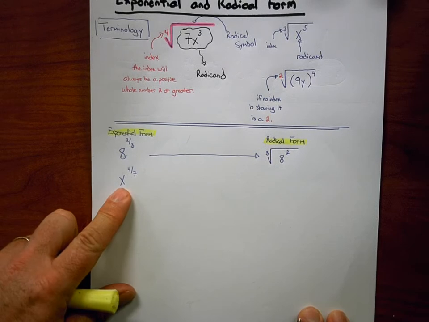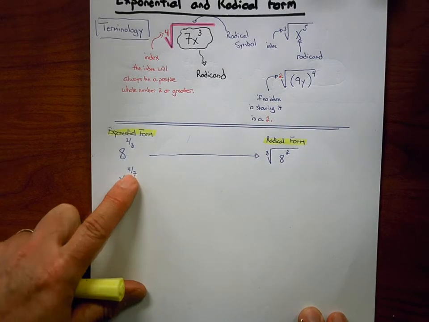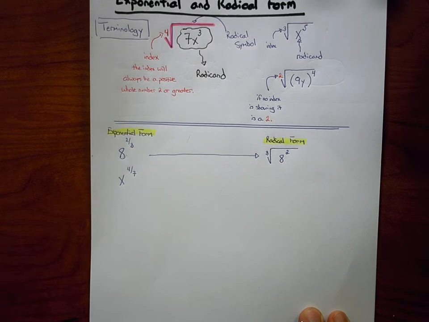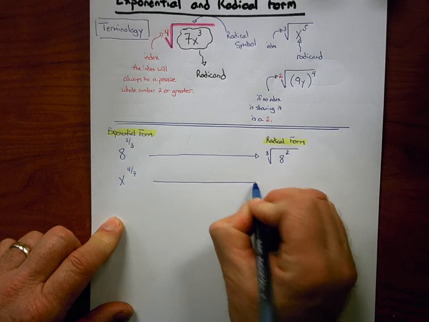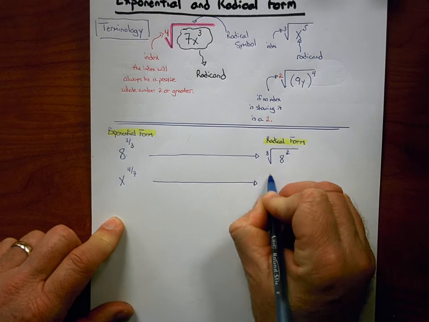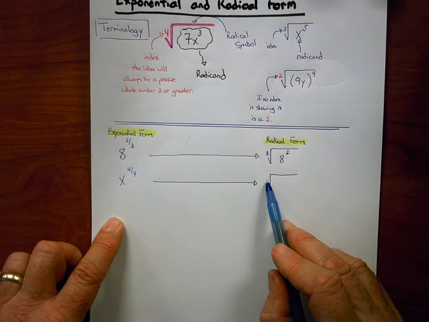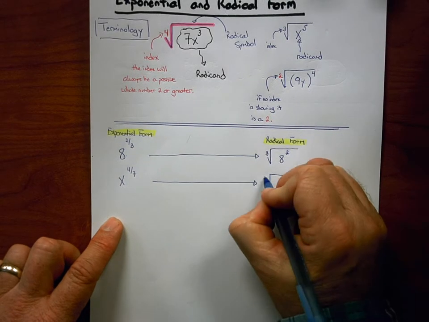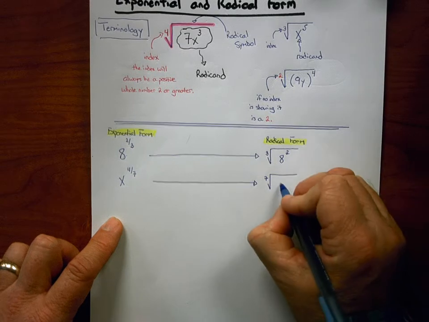That's in exponential form because the 4/7 is an exponent. If I said change this into radical form, you would draw the radical symbol. What would the index be? 7, good. And what would the radicand be? X to the 4th power.